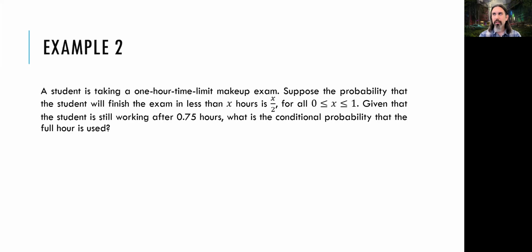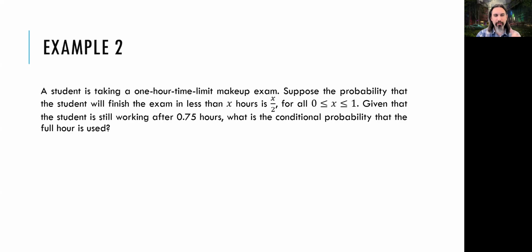So, for example, my probability of finishing the exam in less than half an hour, which is 1 over 2, is 1 over 4, because x divided by 2, 1 over 2 divided by 2, is 1 over 4. Whatever I choose as an hour, the chance of finishing before that hour is half of it.